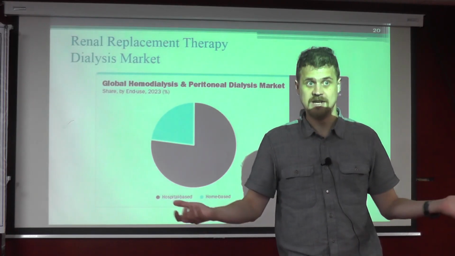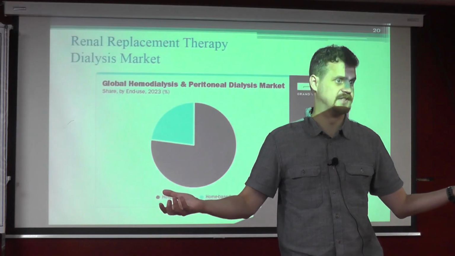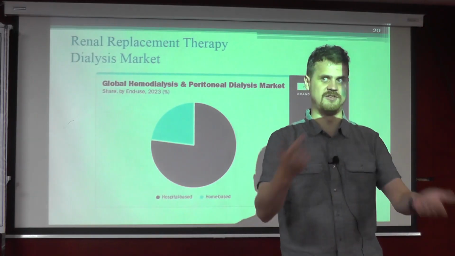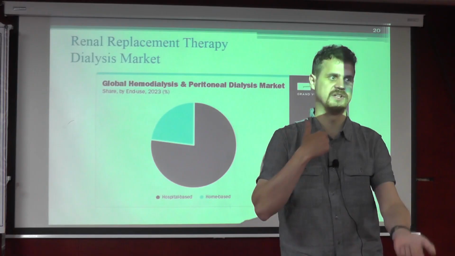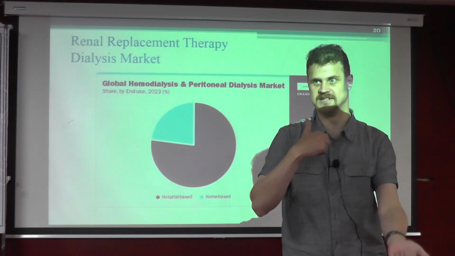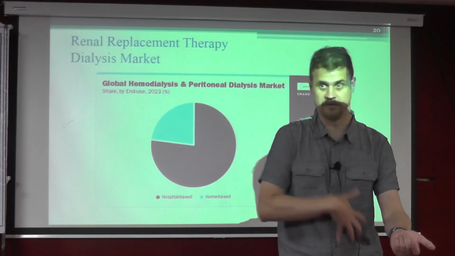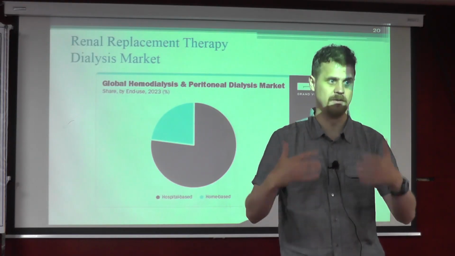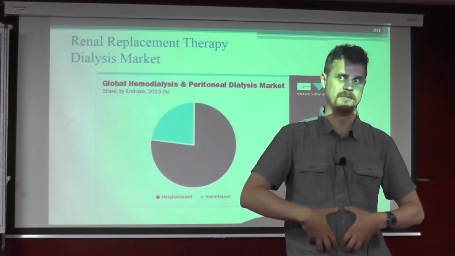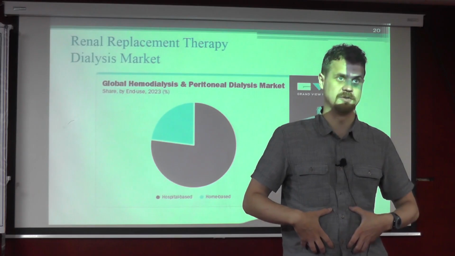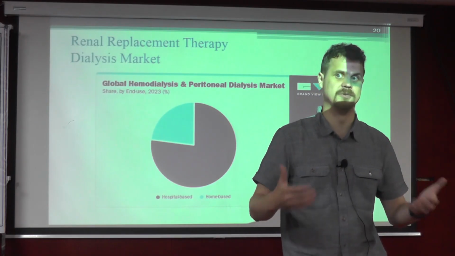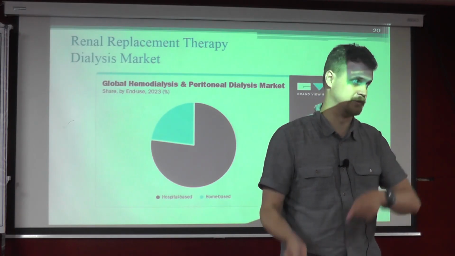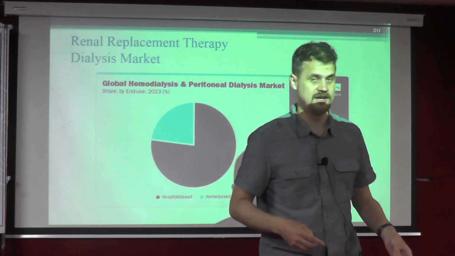Peritonitis is another issue of peritoneal dialysis. There is a chance that due to very frequent exchange of peritoneal dialysis fluid, we will contaminate the peritoneal cavity, which will lead to inflammation of the peritoneal cavity, and then the patient will not be able to perform this procedure anymore. He will still require hemodialysis.